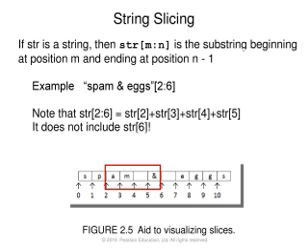In this example, we want to reference the characters in spam and egg from index number 2 to index number 6 without the index number 6, which is basically character item number 2, number 3, number 4, and number 5.